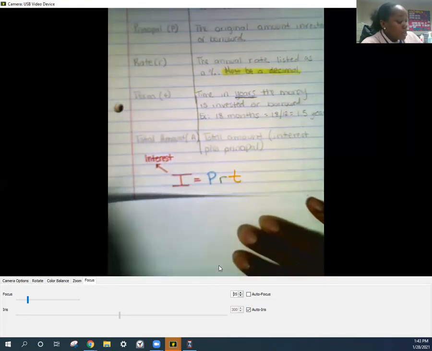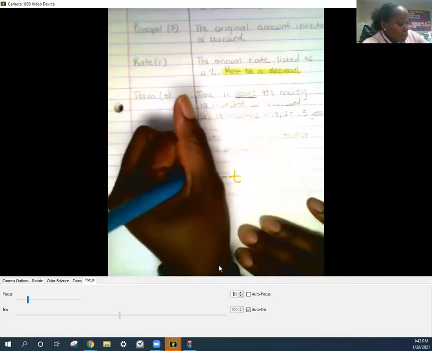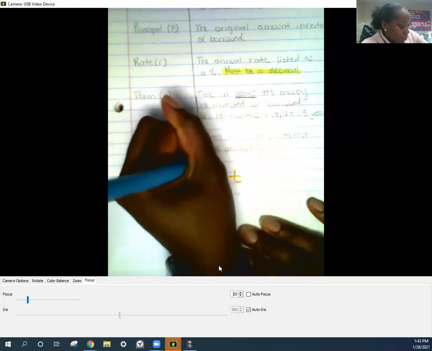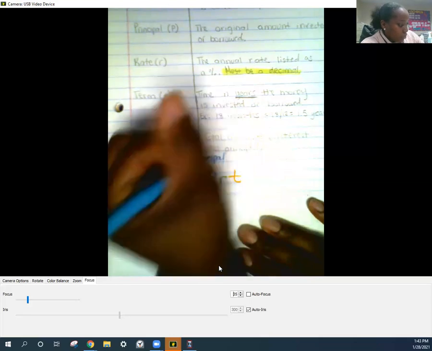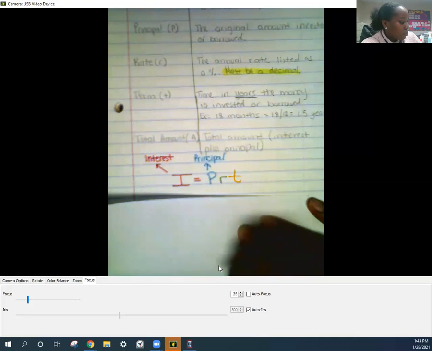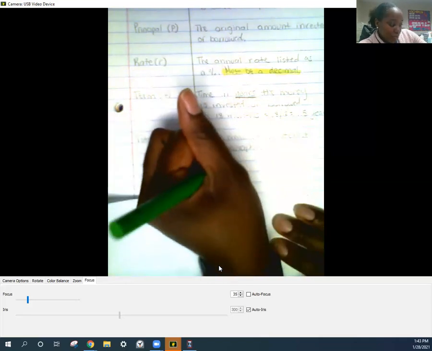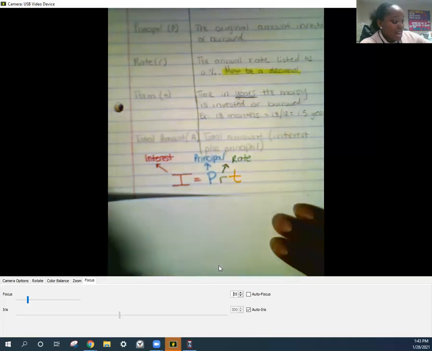We have our principal, that starting amount that we borrowed. We have the rate, which we remember it has to be written as a decimal. And then our term, which is the time in years.